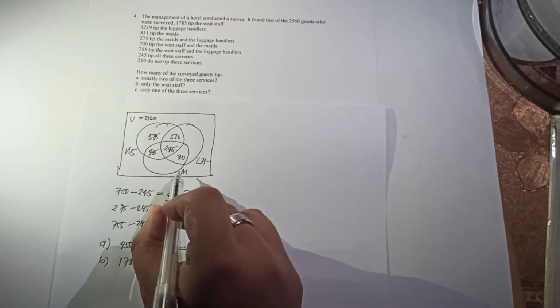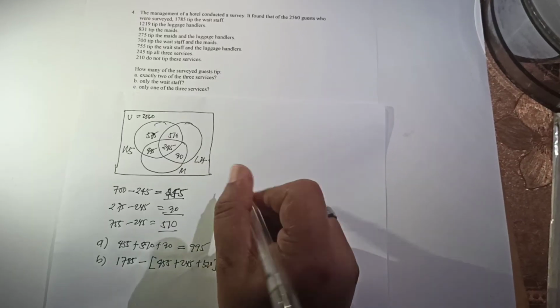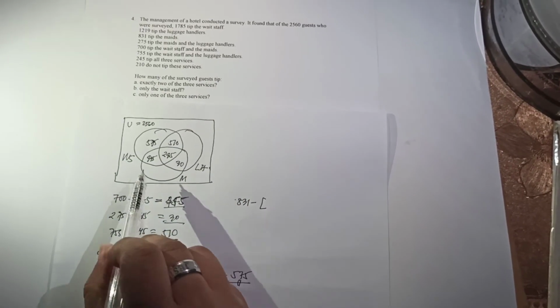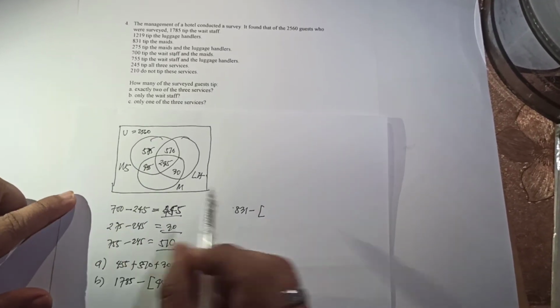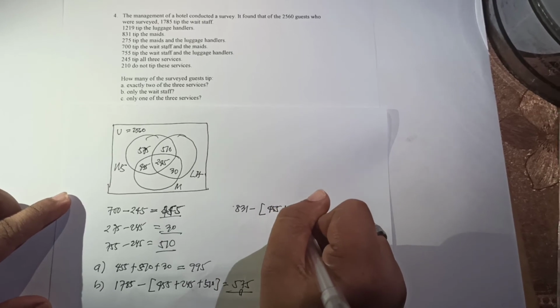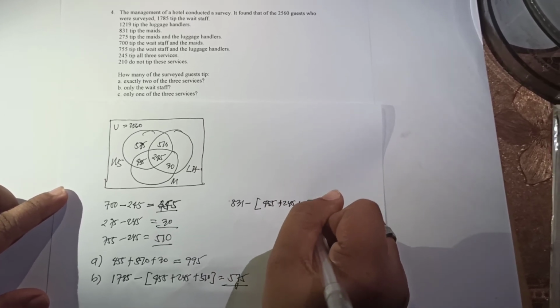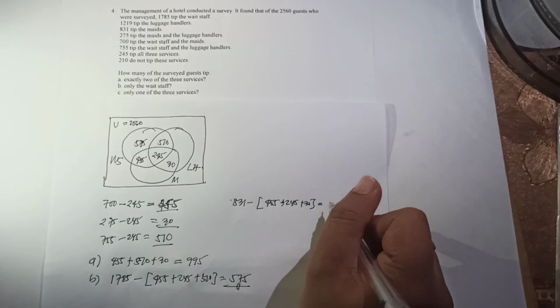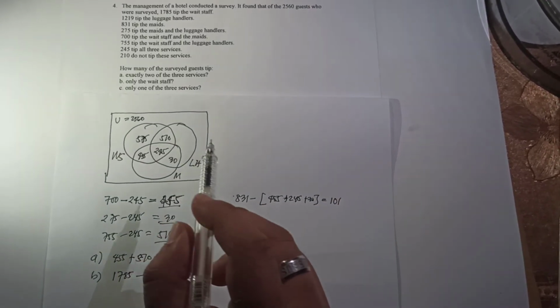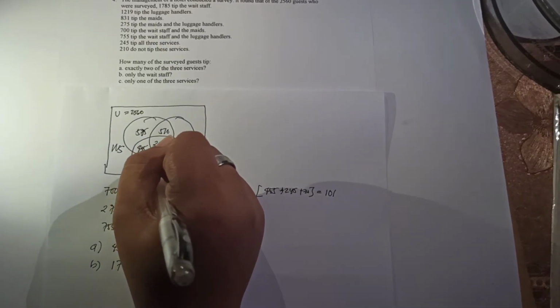In order for us to get the maid, we have here for the maid is 831 minus 455 plus 245 plus 30. If we're going to subtract that one, there are 101. So this is 101 for the maid.